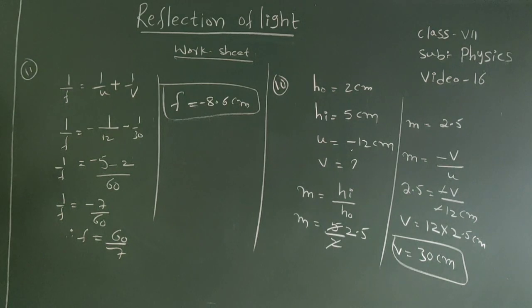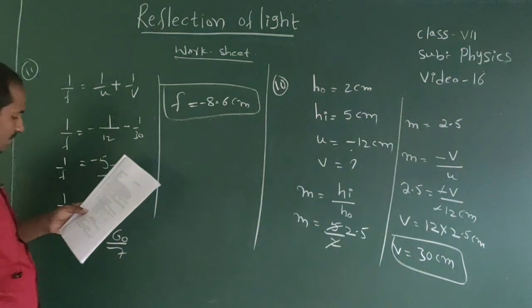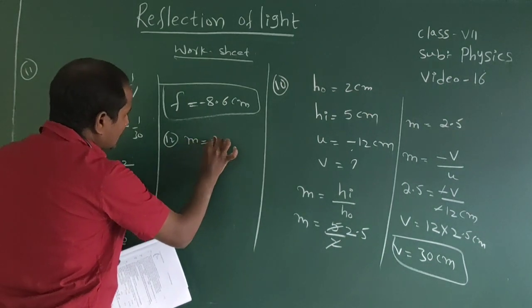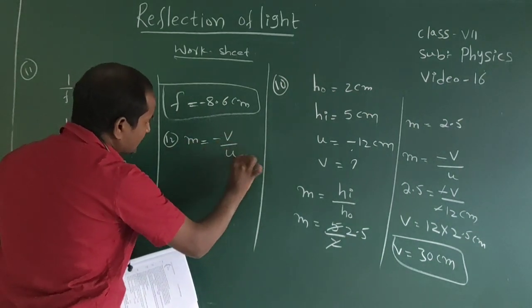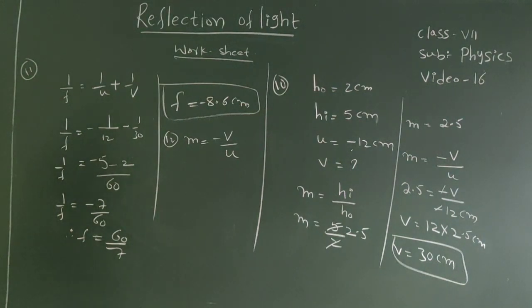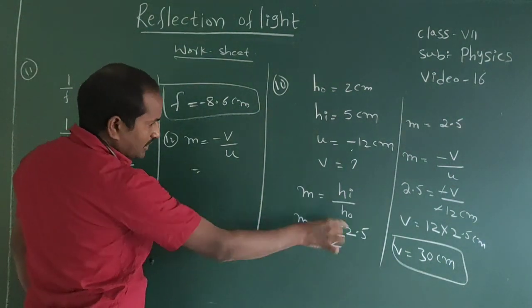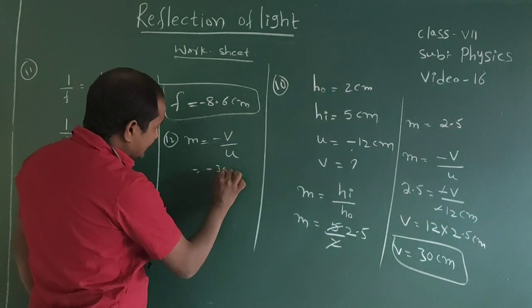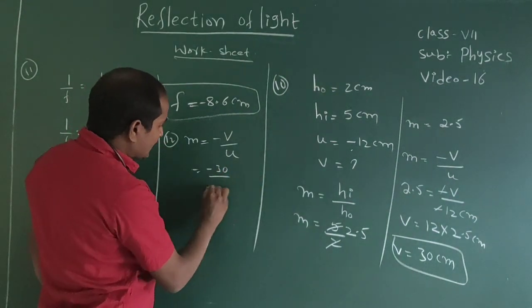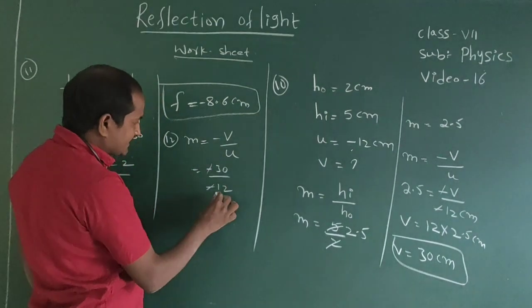Then find the 12th one, magnification m equal to minus v by u. Here v equal to 30, minus 30 by u, u equal to minus 12. So minus means it cancels.